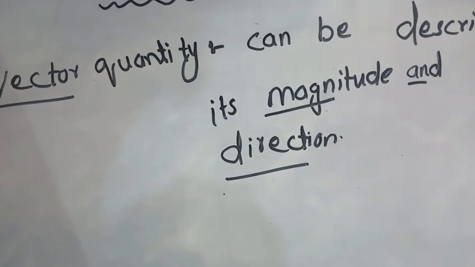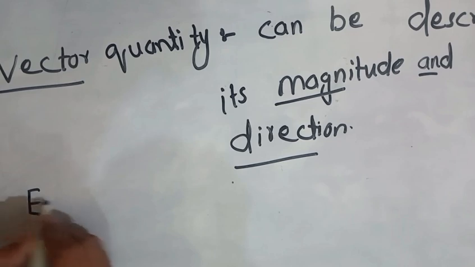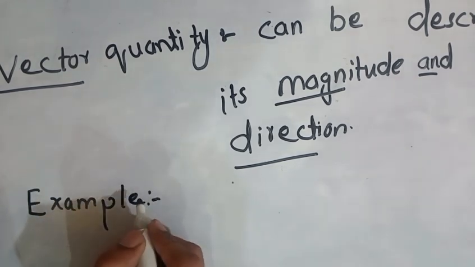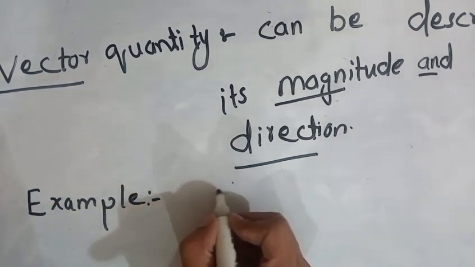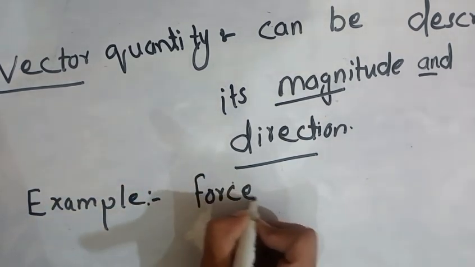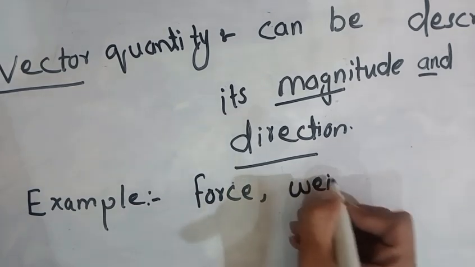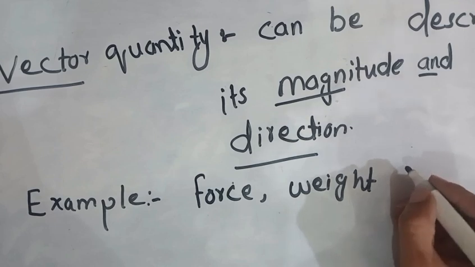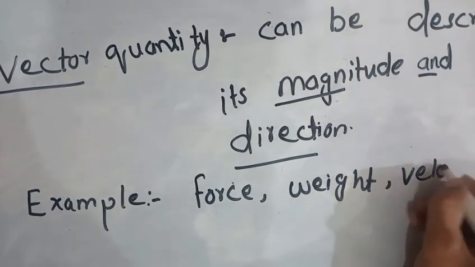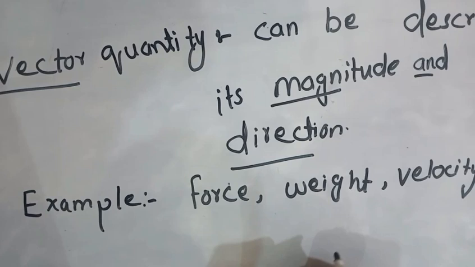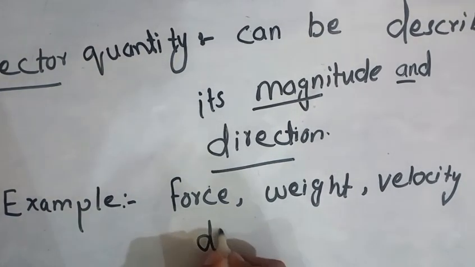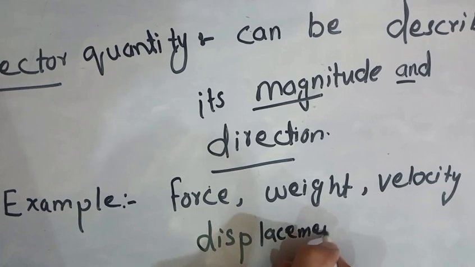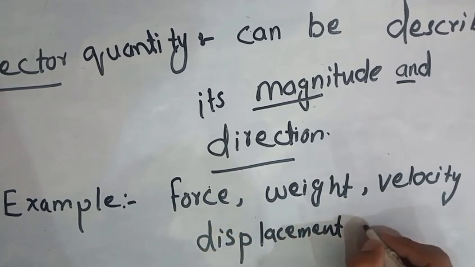For example, examples of vector quantities are force, weight, velocity, displacement, and many more.